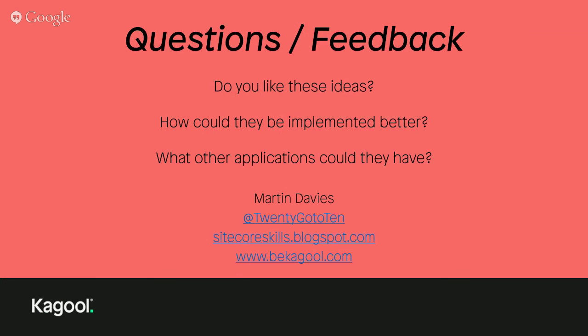We have a question from Jonathan Robbins. He says, what other applications do you think the tracking field could be used for beyond categorization? Well, I was hoping you could tell me that, but I suppose one thing I've seen it used for is applying security roles.